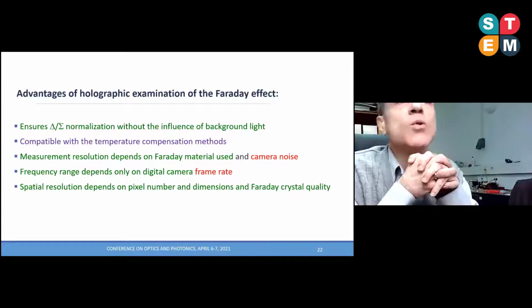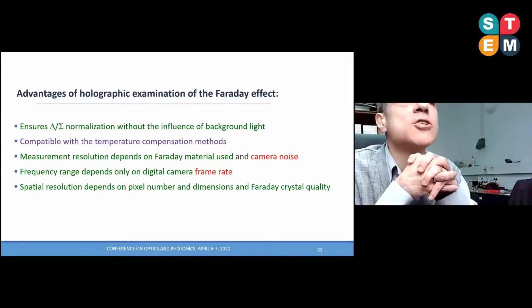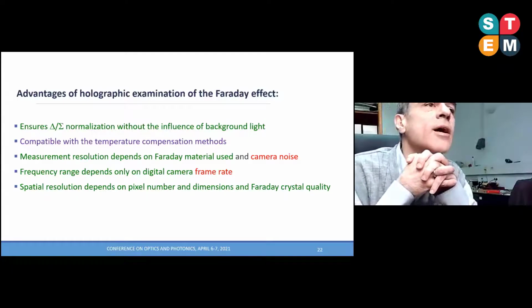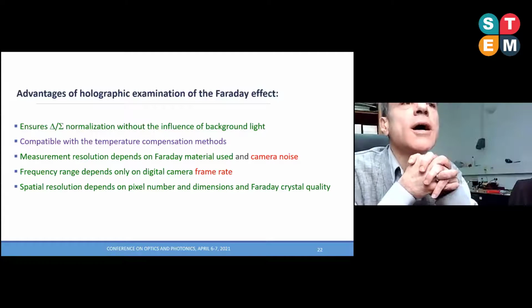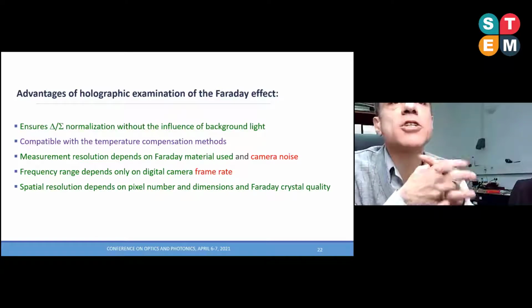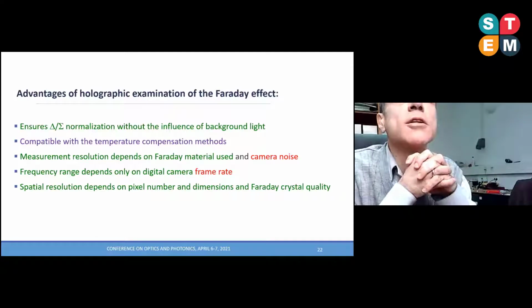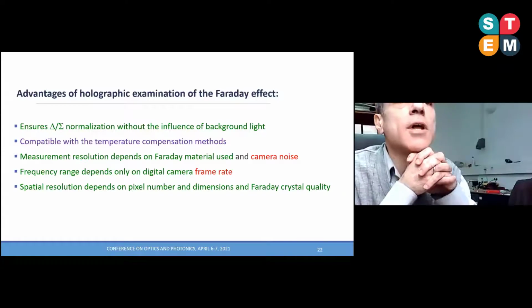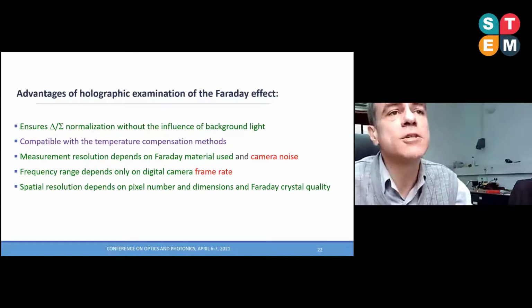Well, that is good or bad news, because high-speed cameras are very expensive, and cheap cameras are barely sufficient to monitor 50 Hertz frequency. In the end, spatial resolution depends again on the camera, pixel number and their dimensions, and of course on the quality of the Faraday crystal. But there is no doubt that this spatial resolution can be beyond a millimeter.